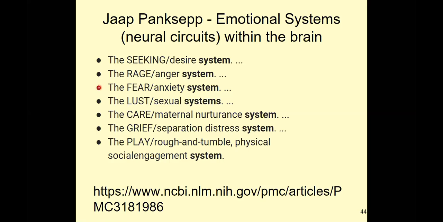That one also involving the amygdala that we saw earlier. I guess that's pretty self-explanatory. The lust system, okay, so this one produces sexual desire when active, and also produces satisfaction when sexual activity is engaged in. Then the care or maternal nurturance system.